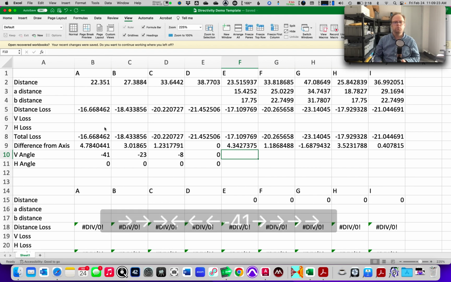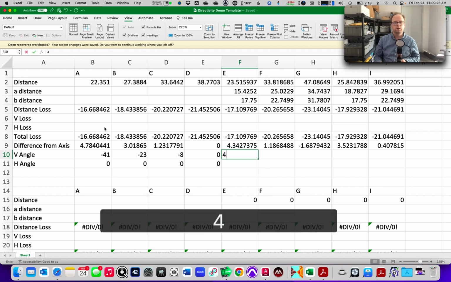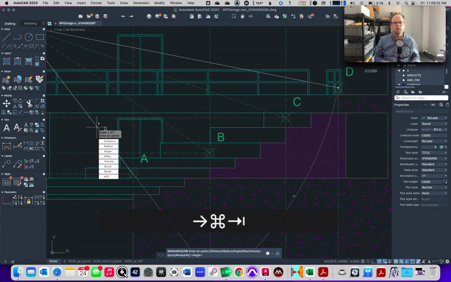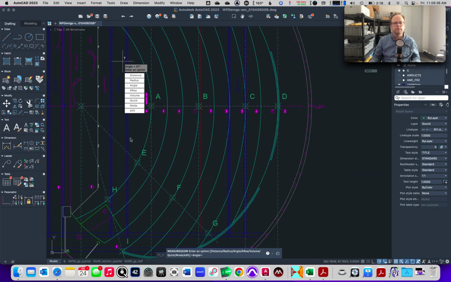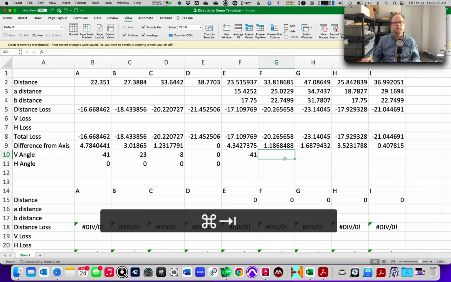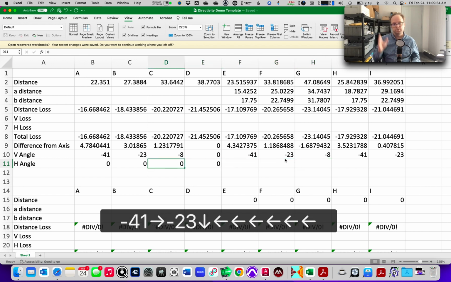So -41 would also go here for seat E, right, because it's also on the front row, so we would get the same vertical angle. F would be the -23, and G would be the -8. H is also on the front row, so it gets the -41, and I gets the -23 for vertical angle, because it would still be the same.